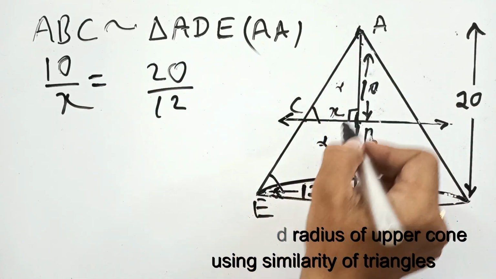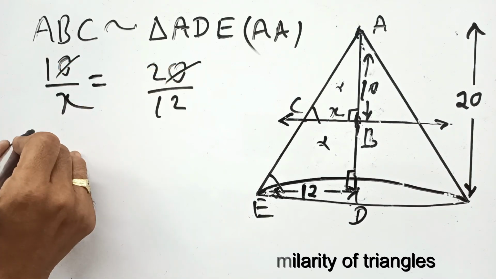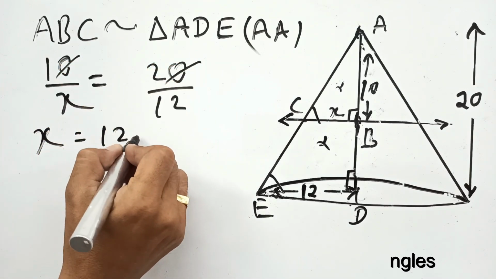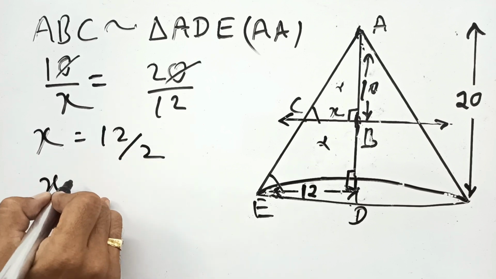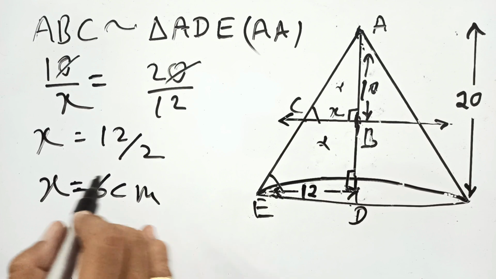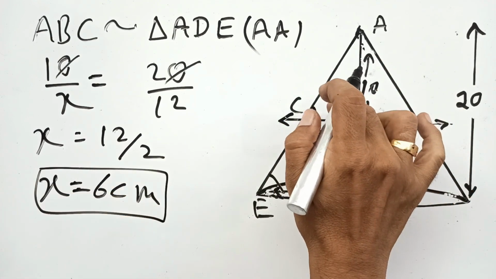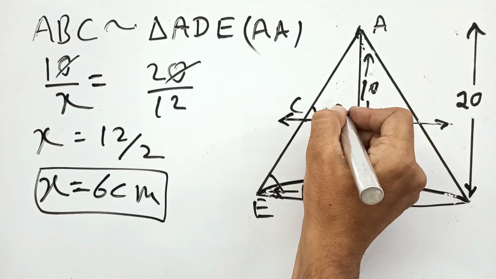Proportional sides are equal. 0 cancel. So x is equal to 12 upon 2. So x is 6 centimeter, the radius of this upper cone. So we can write here 6 centimeter.